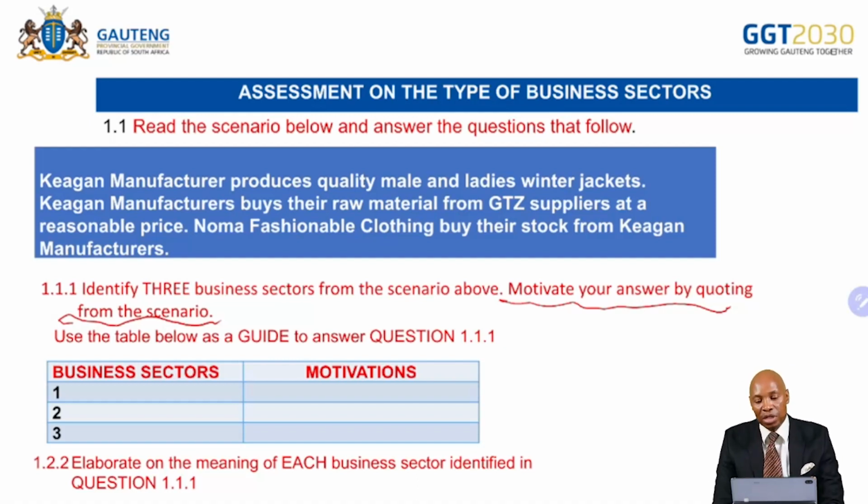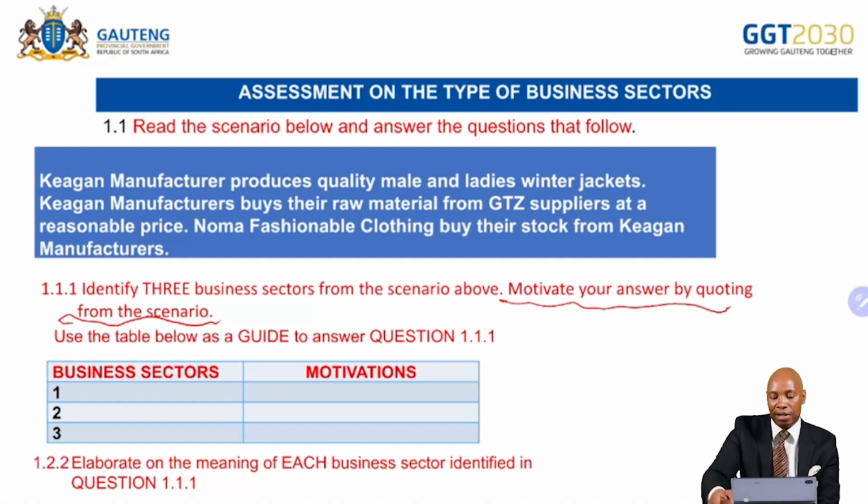You are not going to get marks, candidates, for that. And then 1.2.2, you must be able to elaborate on the meaning of each business sector identified. You must be able to tell what is primary sector, what is secondary sector, and what is tertiary sector. This is one part in which questions may be asked.